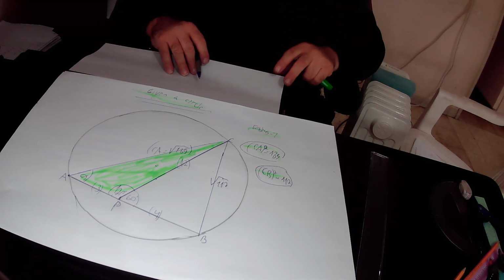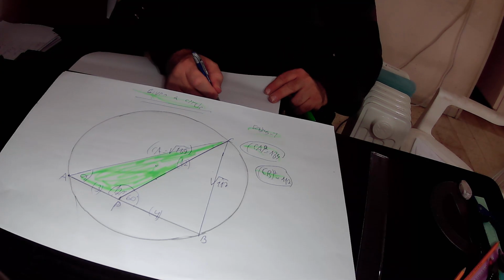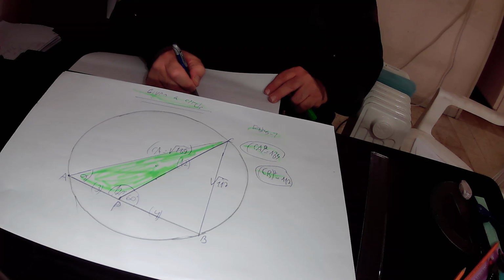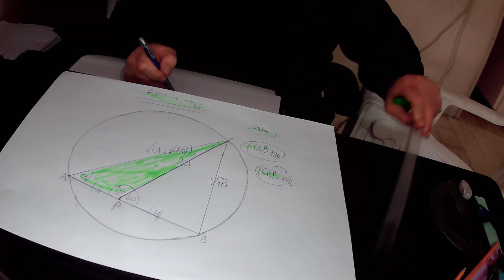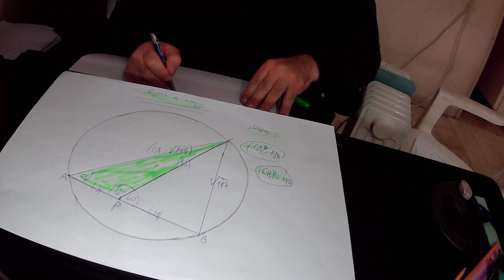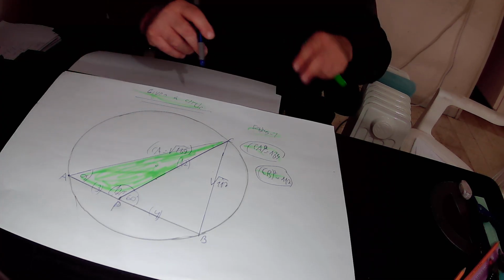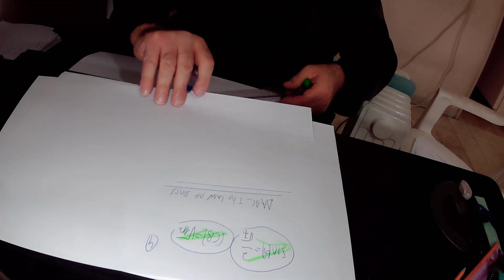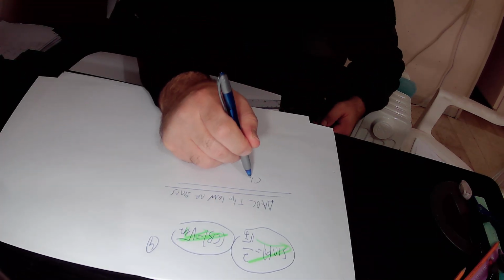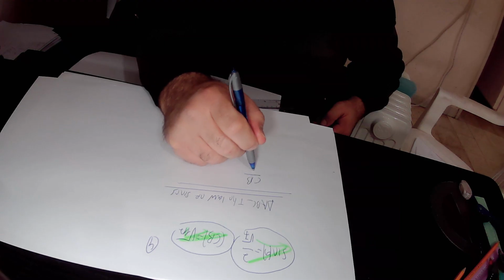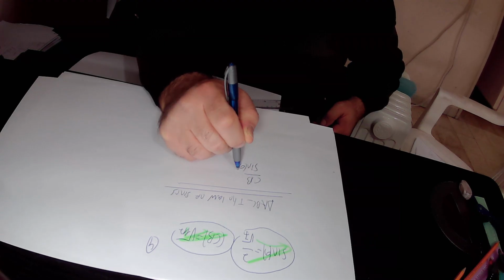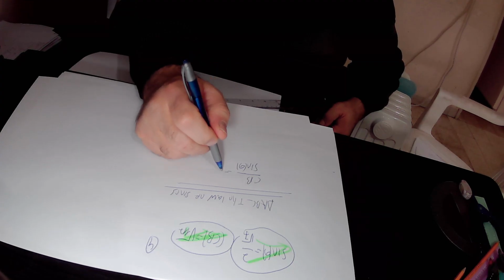According to the law of sines, in this triangle ABC, the following equation is true. CB over sine alpha equals 2R.